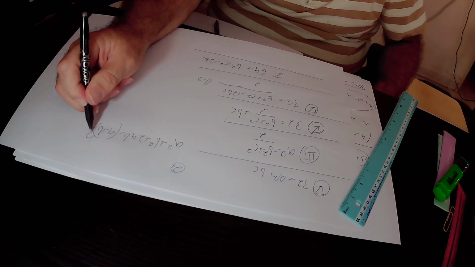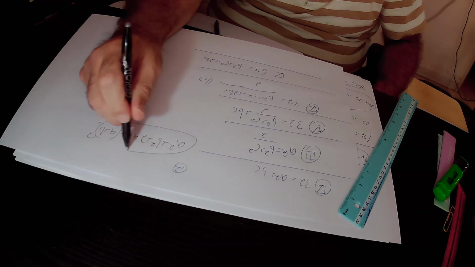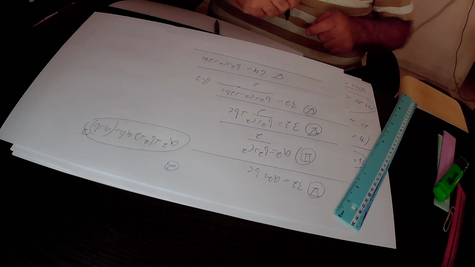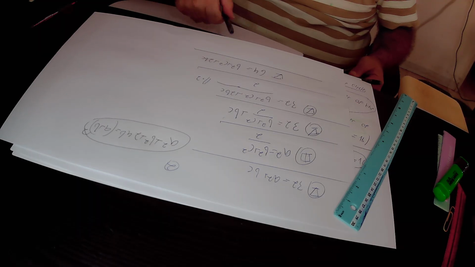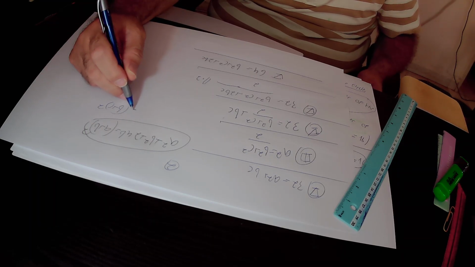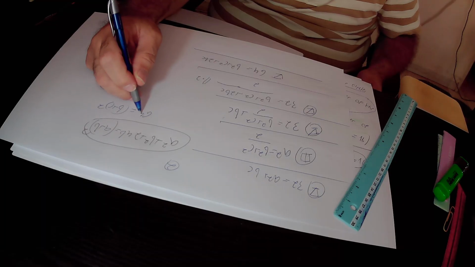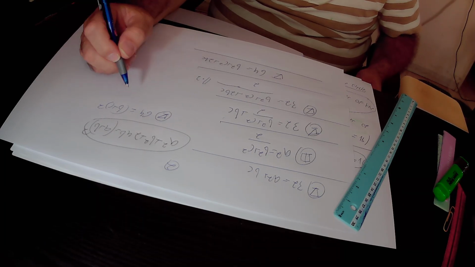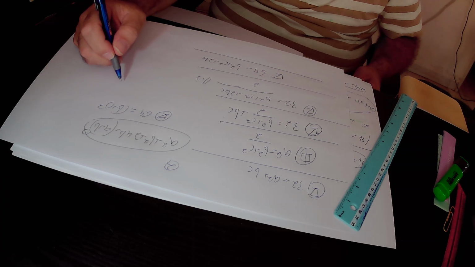So according to this algebraic identity, we get that B square plus C square plus 2 times B times C is equal to B plus C squared, which equals 64. So in total, according to equation 5, we found out that 64 equals B plus C squared.